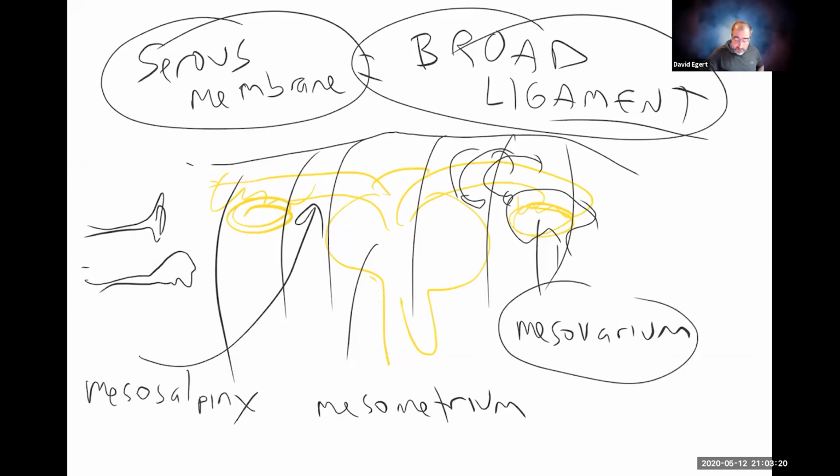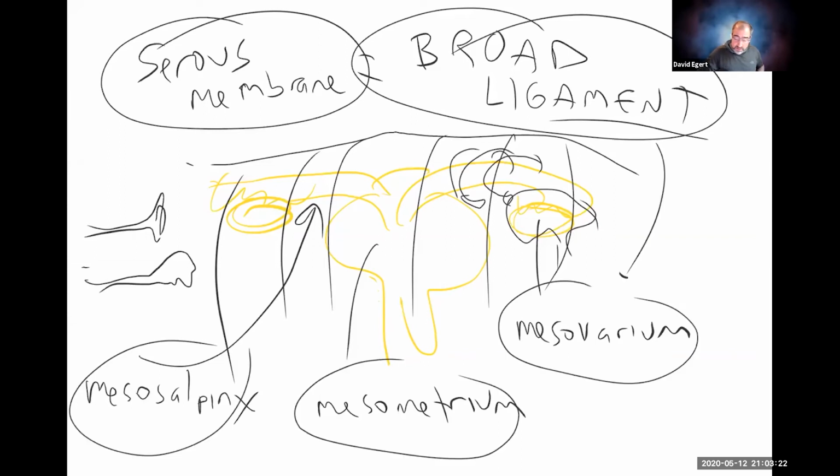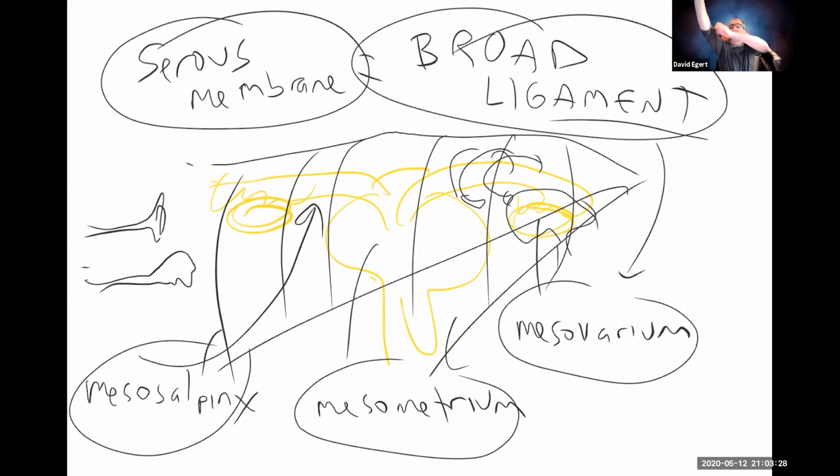The different areas get names, but that's like saying this is my shirt, and yes, it has sleeves and a collar, but it's still a hoodie, right? The broad ligament is the broad term for it.